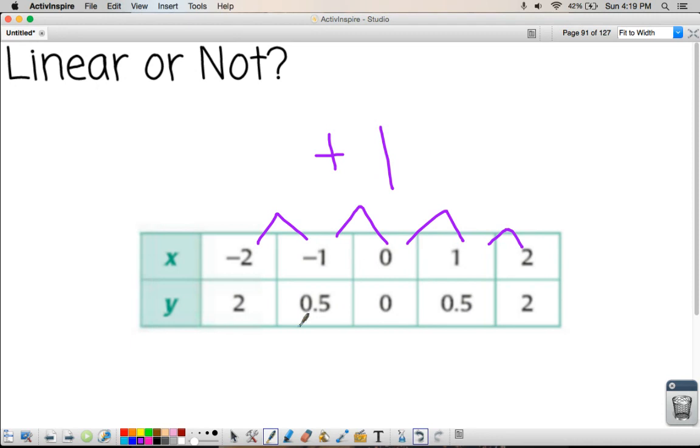If I'm looking across the bottom, 2.5, I'm subtracting 1.5. 0.5 to 0, I'm just subtracting 0.5. Here I start to add 0.5, and then I add 1.5. So this one is not linear.